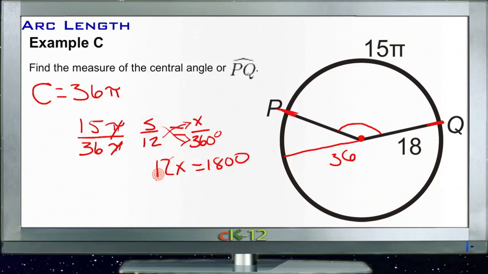Divide both sides by 12. 1800 divided by 12, 150. So this little section right here then represents 150 degrees out of the total 360, just like this 15 pi here represents its portion out of the whole 36 pi that represents the entire figure. And there we go.